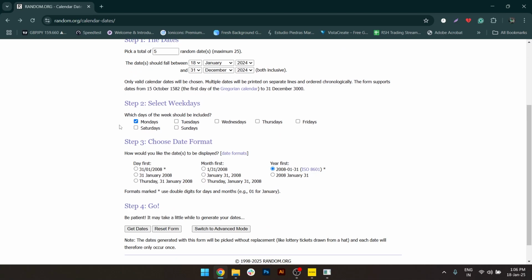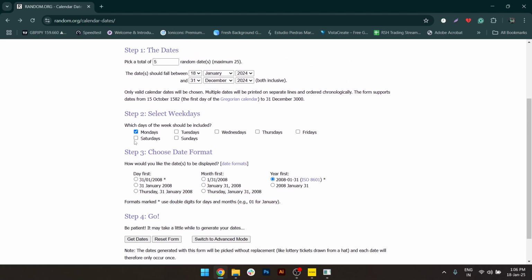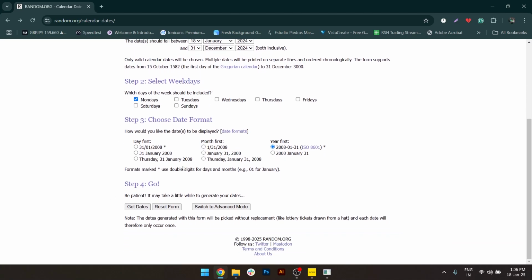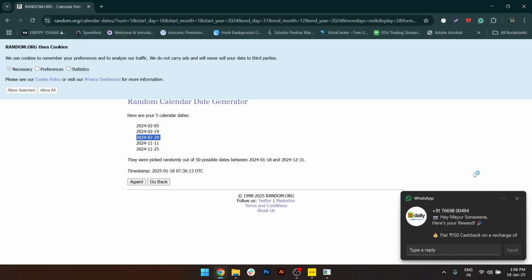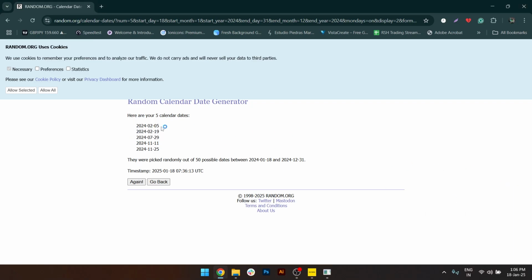I'll keep only Mondays, because we usually start our week from Monday. So let's get some dates. We got 5th of Feb, 19th of Feb. Since we are in Jan, let's start with 19th Feb 2024. Let's just pick this date.